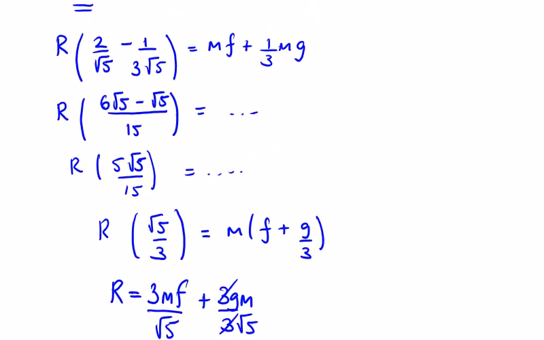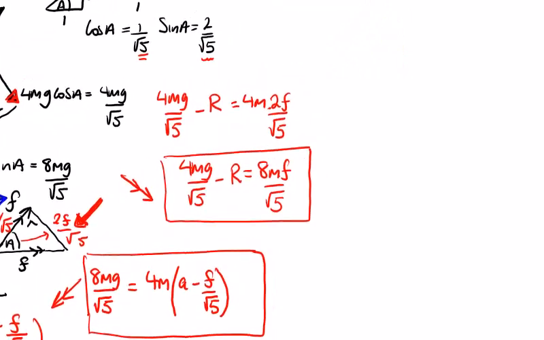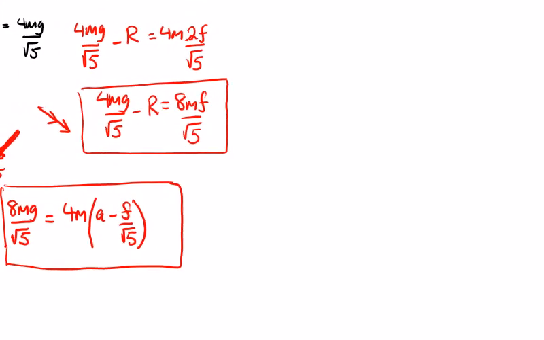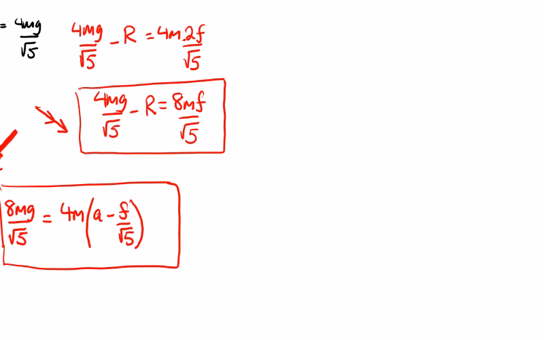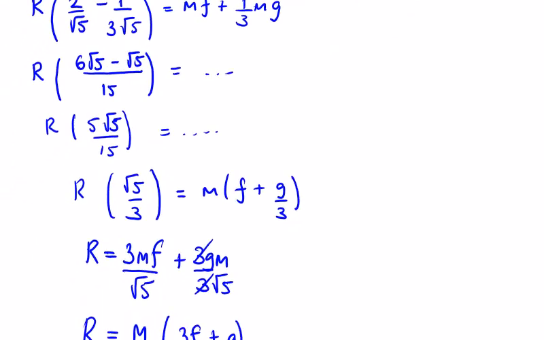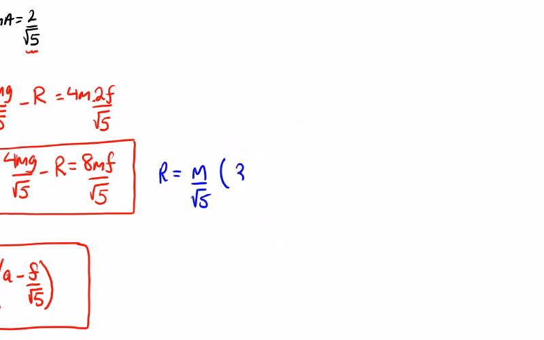Okay, let's see, does this go somewhere else? We have to sub R back into this equation here. We said R was equal to m over root 5 times 3f plus g.